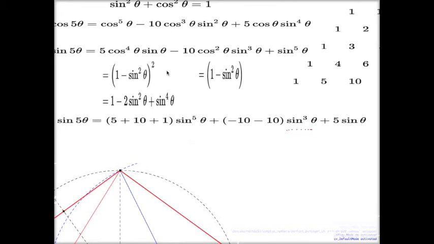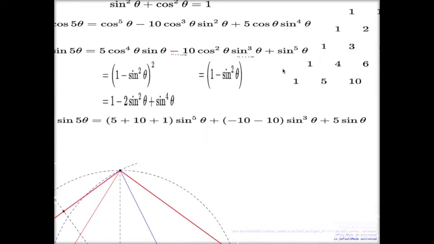Sine cube appears how many times? It appears once here when you take this sine with this double sine square, and the combined coefficient is negative 2 and 5. It's negative 10. And another negative 10 comes in here from this sine cube.